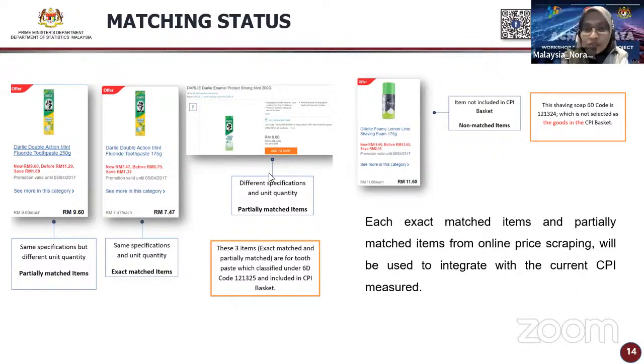And as for different specifications and unit quantity, it will be tagged as a partially meshed item. These 3 items are for 2 space, which is classified under a 6-digit code and included in the CPI basket.